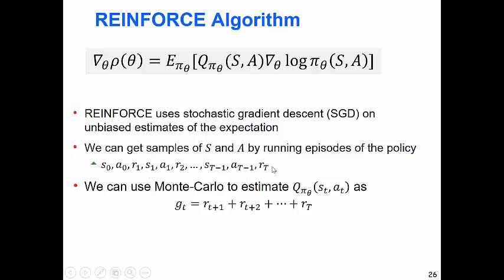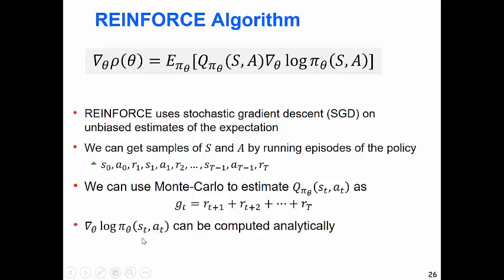That's how the Q function is defined. If you did that many, many times, took A1 in S1 and then followed the policy and averaged, it would give you the actual Q function. Here we have just one sample. It's going to be a noisy estimate, but it's an unbiased estimate, meaning that the expectation of this estimate is the true value.